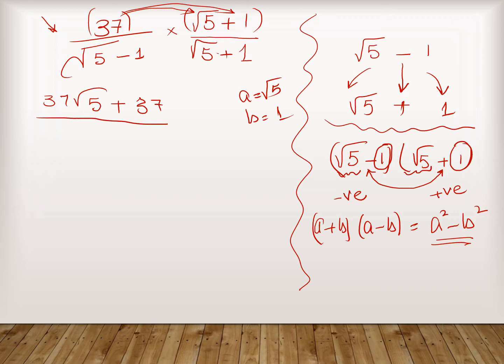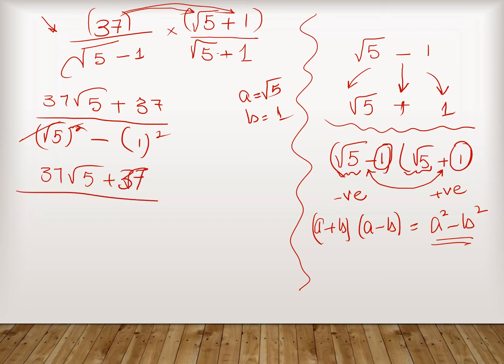So you write a square, which means square root of 5 whole square, minus b square, that means 1 whole square. Now the square cancels with the square root. In the numerator, whatever you get, you can write as it is. And in the denominator, 5 minus 1 square means 1.